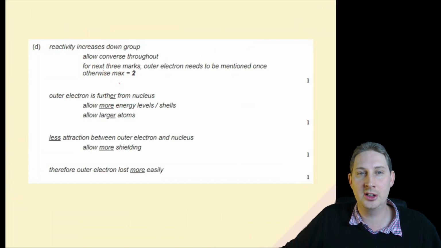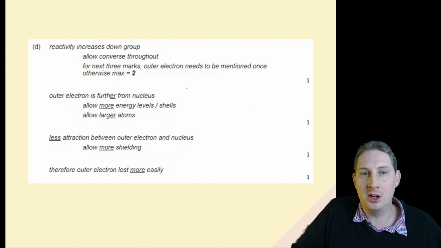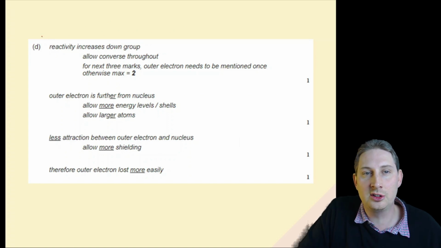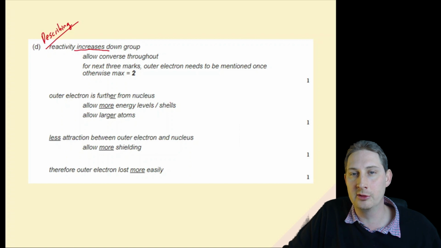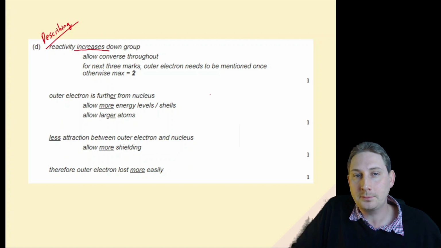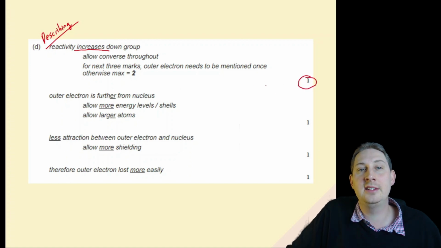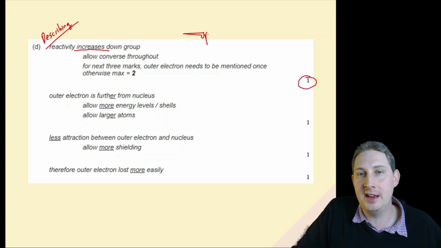Okay, so let's have a look. Well, the first mark obviously is for describing the trend. So for group 1, reactivity increases down the group. Okay? And remember that that is the opposite for group 7.